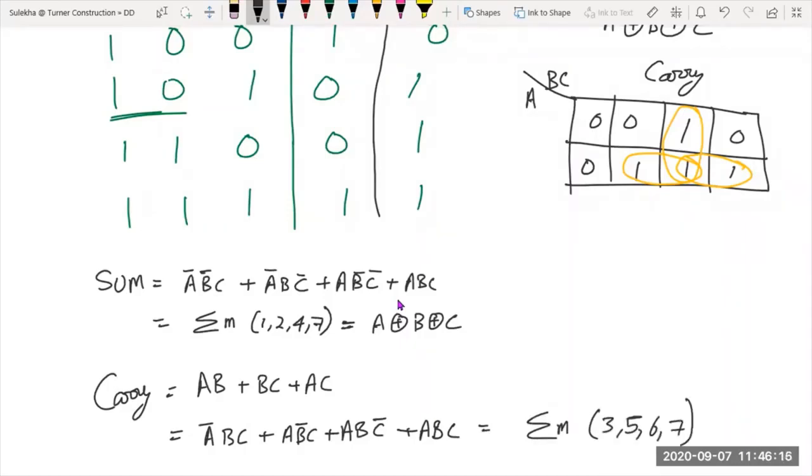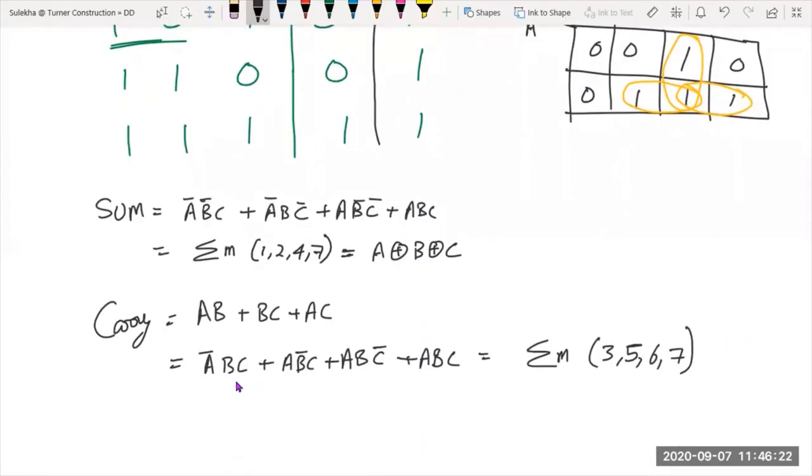If I want to represent this carry expression in another way, where XOR will play its role, I can do some manipulation with this second expression, and I can write this as a combination of some XORs.